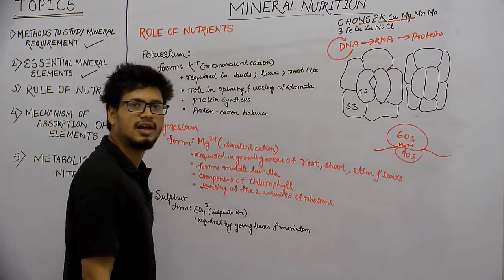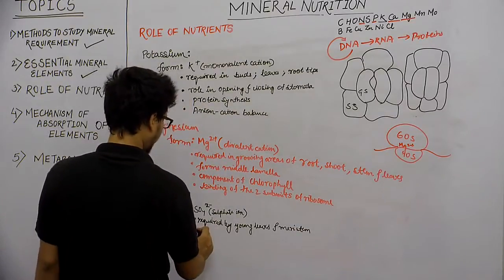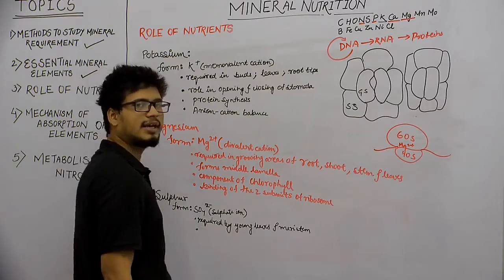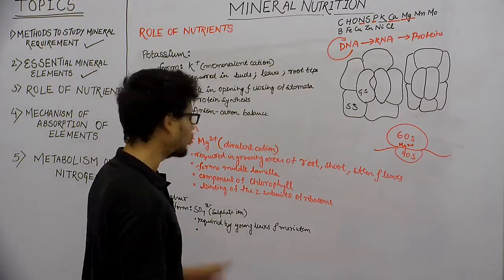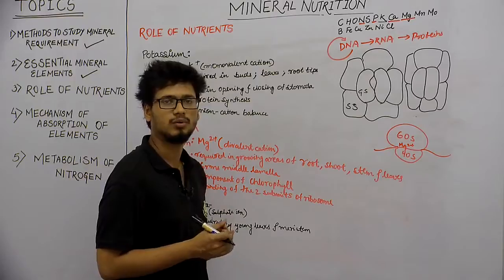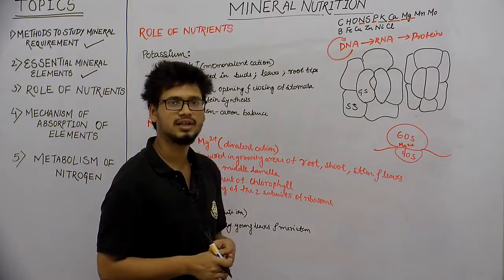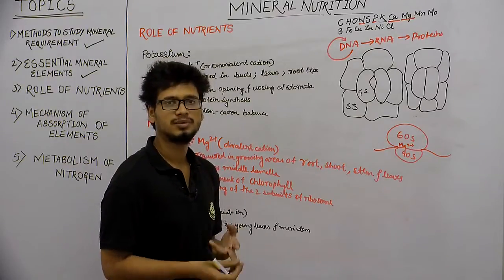हो गया. Then sulfur जो है, it is also required in forming of two very important amino acids. दो बहुत important amino acid है sulfur containing, जिसे आपको हमेशा याद रखना चाहिए.